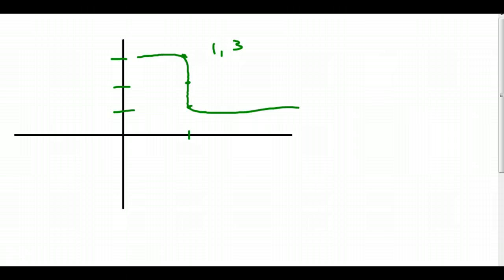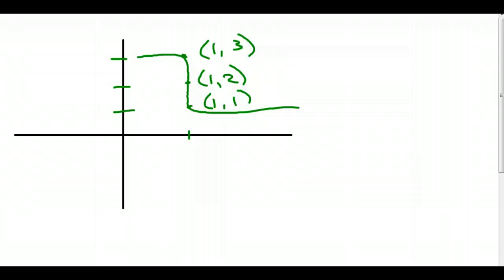I'd be at 1, 3, 1, 2, and 1, 1. Okay, that's a problem. Your x values have to go to a y value that's different.